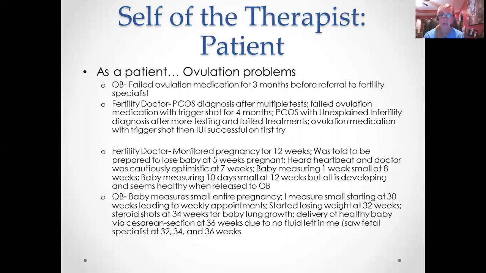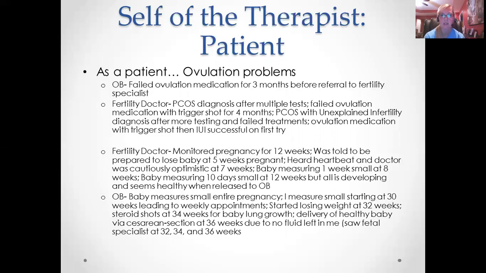So they did more testing after those 4 months because the fertility specialist was pretty convinced that that should work within 3 months. And then they also diagnosed me with unexplained infertility. So they did ovulation medication with a trigger shot, and then they did the intrauterine insemination, which was successful on the first try.